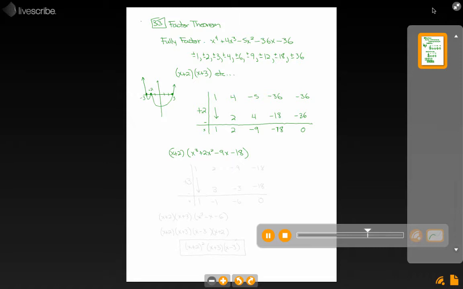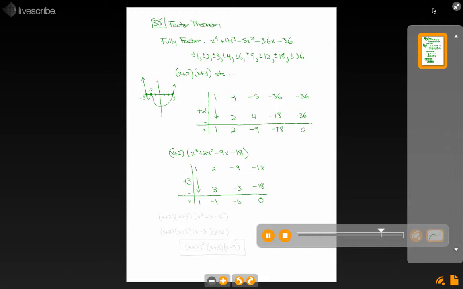So if I do synthetic division again, 1, 2, minus 9, minus 18, and I decide to divide this thing by x plus 3, carry out a very similar set of steps here. Multiply, subtract, multiply, subtract, multiply, and subtract.